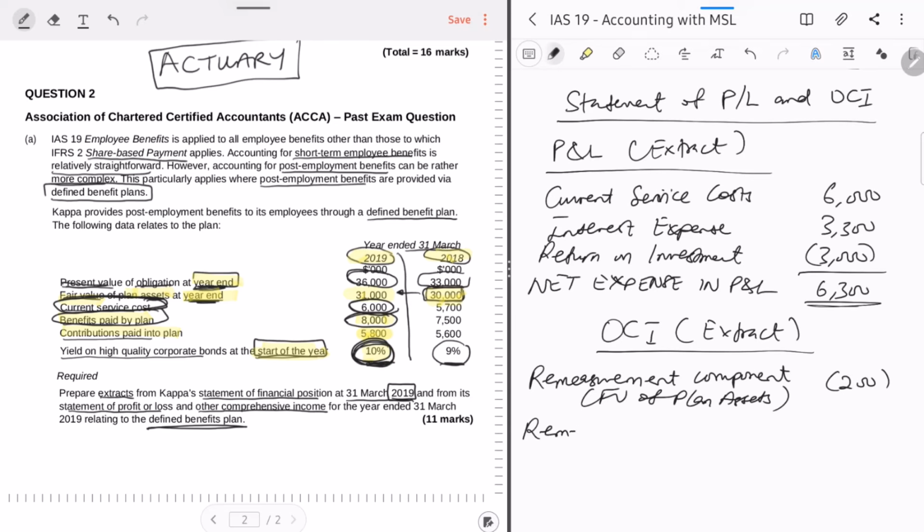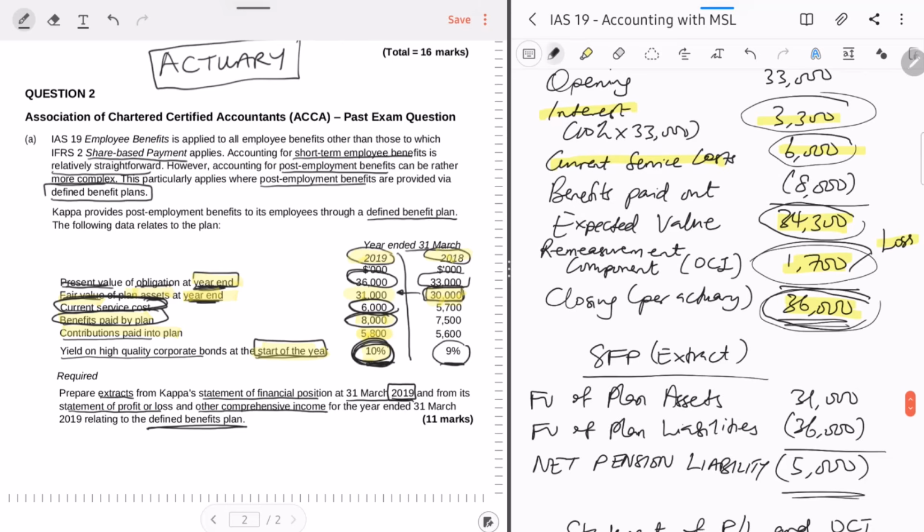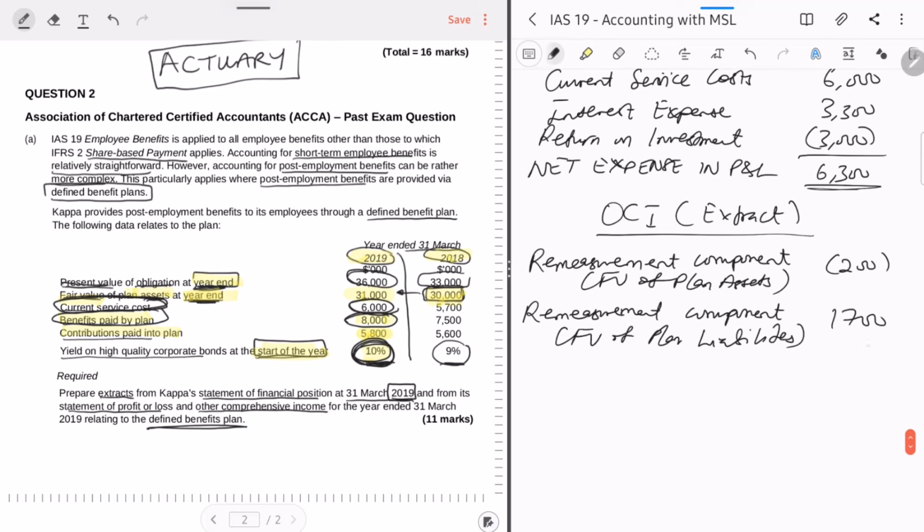Then our remeasurement component, which came from the fair value of plan liabilities. We got a loss here of 1,700. So 1,700. This will clearly give us 1,500 net loss in OCI, right?